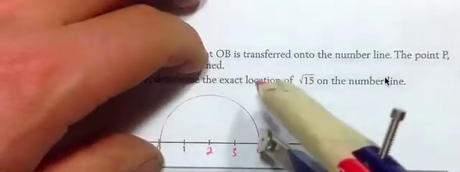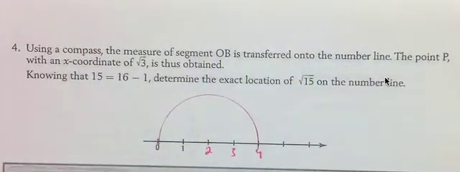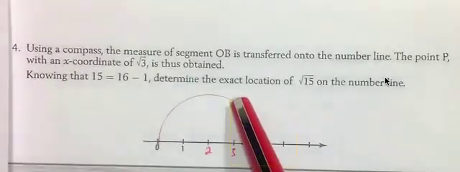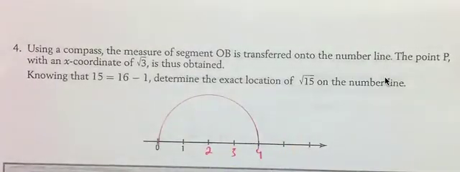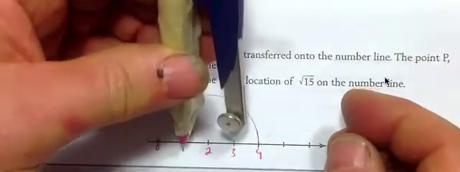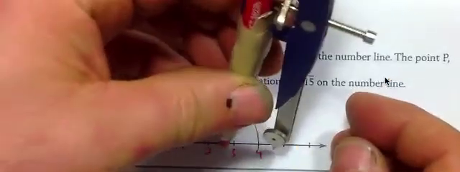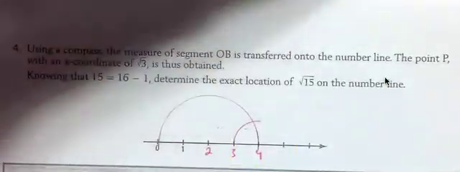And then, because I want my triangle going this way, I'm going to make the 1 come up to here. I'm going to adjust my compass's length to 1, and make a little arc here, like that. Okay, so we know that this length is 1.